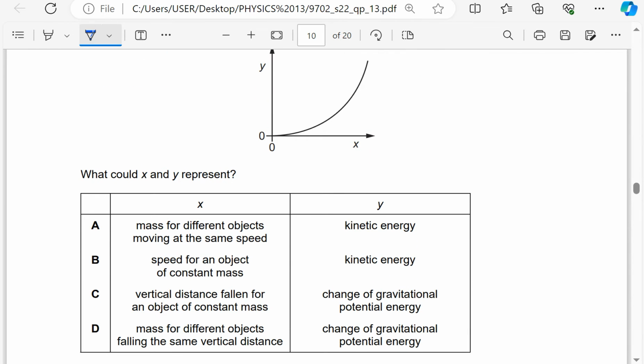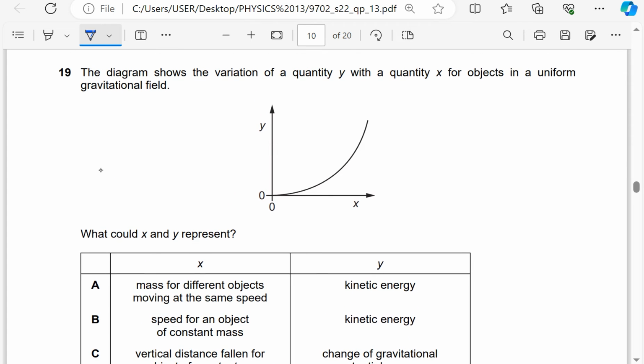The first one says kinetic energy. Let's check. We know kinetic energy is equal to a half mv squared. Of course, kinetic energy is directly proportional to v squared, so that will be a curve. You can check v and ek. When v is 0, ek is 0. When v is 1, ek is 1.